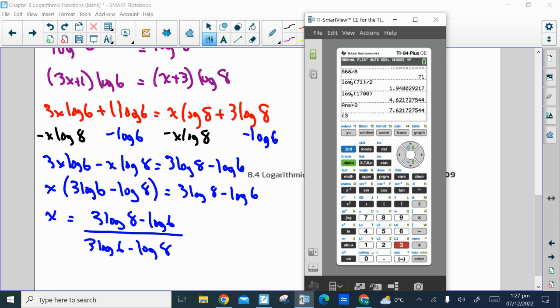So 3 log 8, close the bracket on the log 8, minus log 6, close the bracket on the log 6 and on the numerator, divided by, open a bracket for the denominator, 3 log 6, close the bracket on the log 6, minus log 8, close the bracket on the log 8 and on the denominator, enter. So 1.35 is our approximate answer for x.